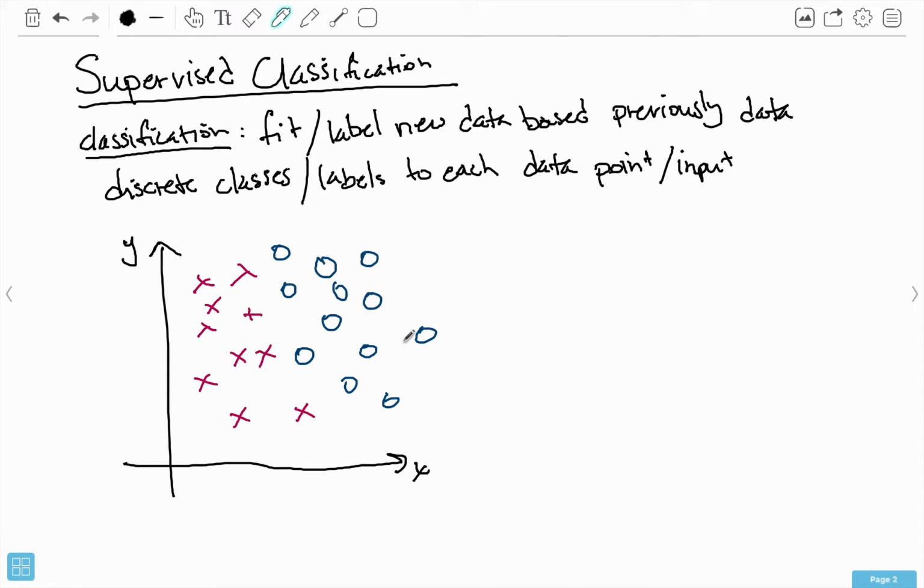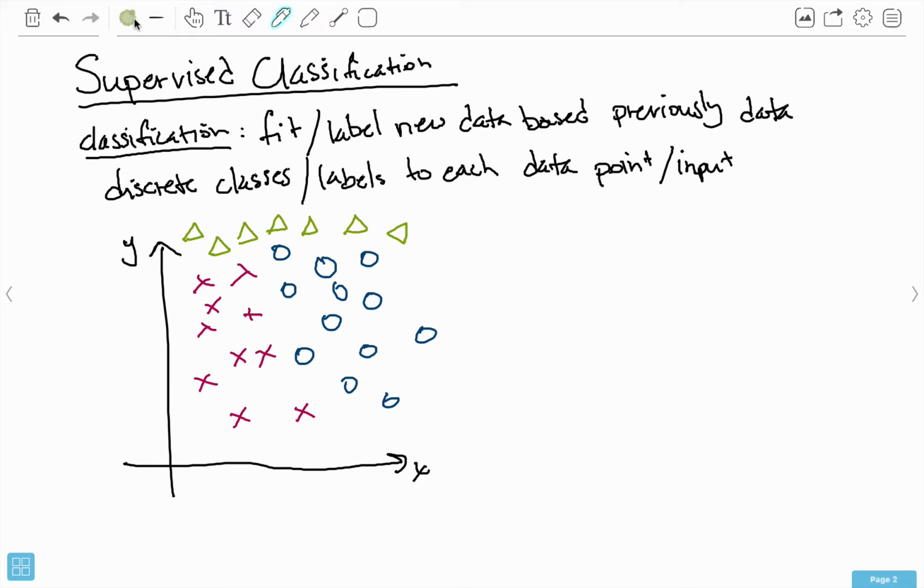You see I've labeled them. There are only two classes: the red X and the blue circle. If I wanted to, I could add another class, a green triangle. We'll add a couple of green triangles up here.